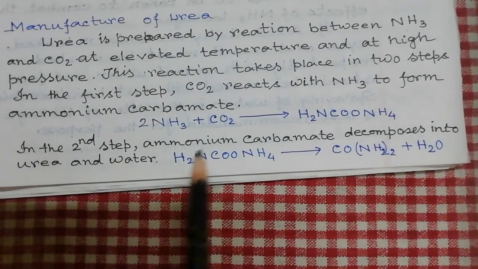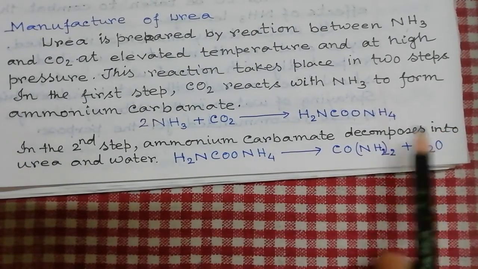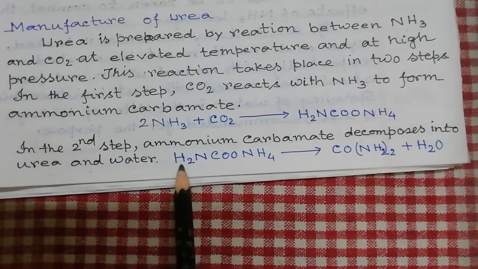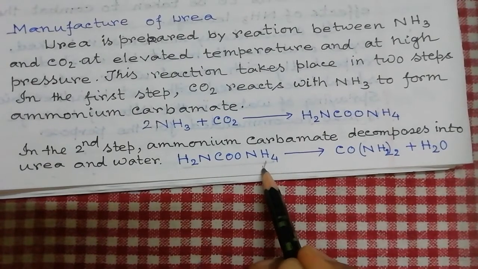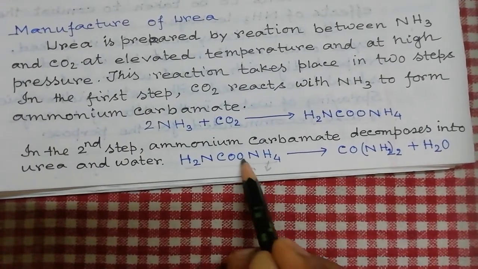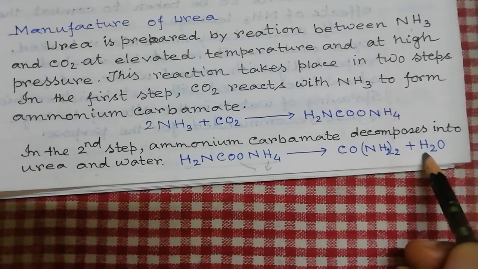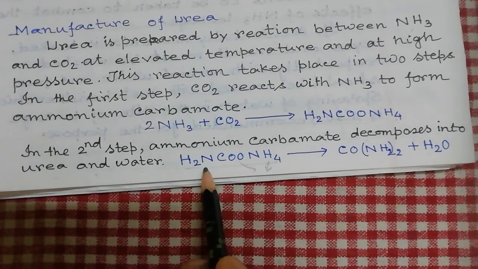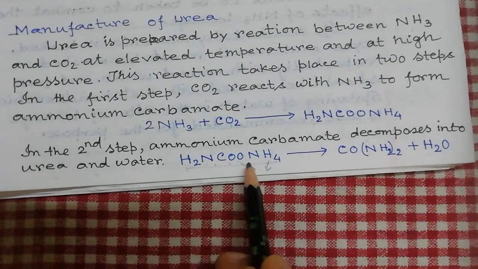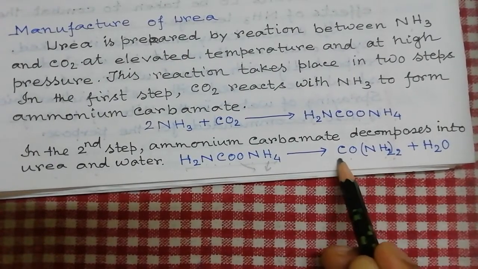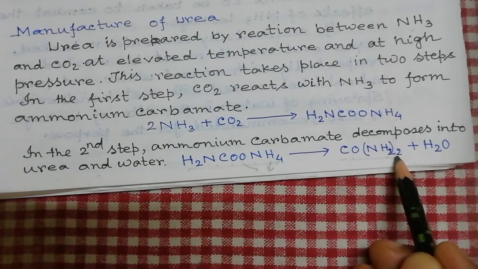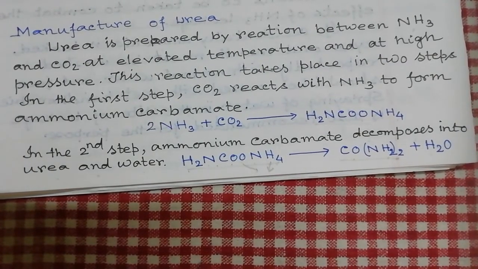From this ammonium carbamate, 2 hydrogens from here and 1 oxygen from here come out and form water, and what remains is NH2CONH2, that means CO(NH2)2, which is urea. So this is the process of how urea is prepared industrially. Thank you.